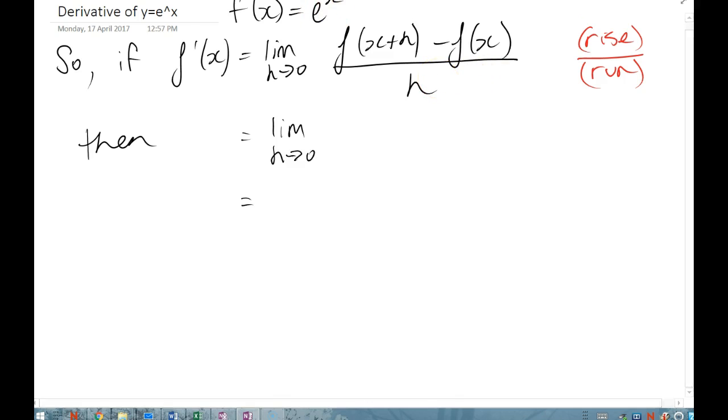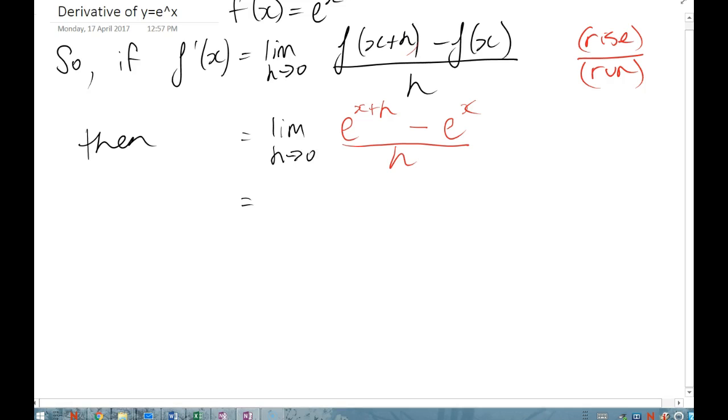If I substitute in, f of x plus h: the x in my original function, e to the x, is replaced with x plus h, so it's e to the x plus h. Then I minus f when the x value is just x, so that's e to the x. And then my h value just stays the same.